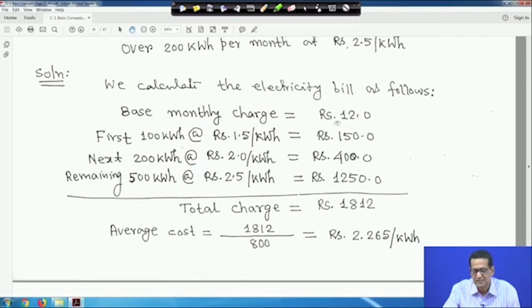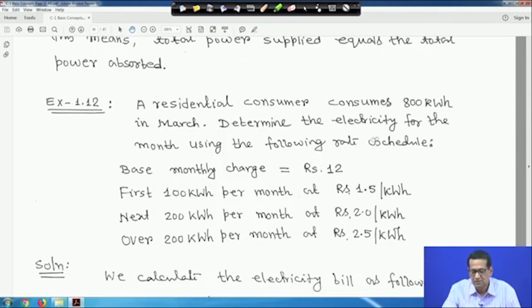Plus the monthly base charge of rupees 12, plus 150, plus 400, plus 1250. If you add up all, total charge will be rupees 1812.